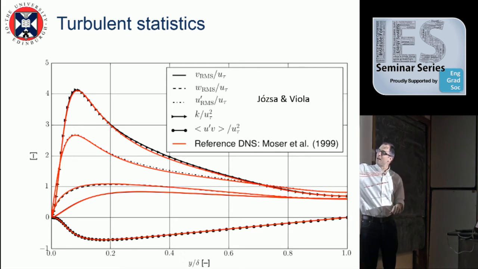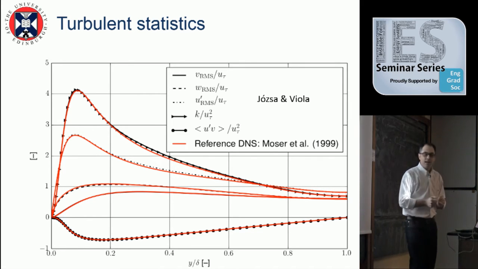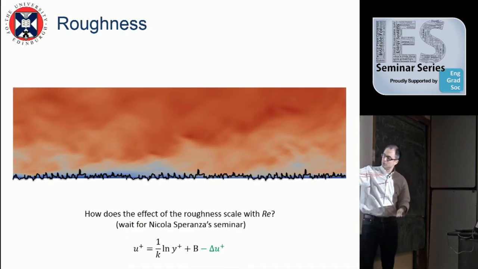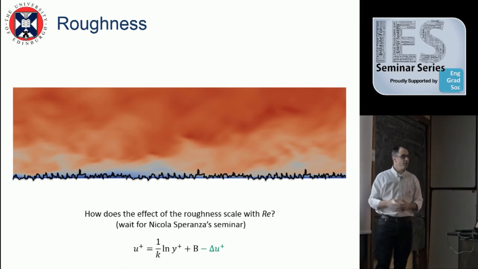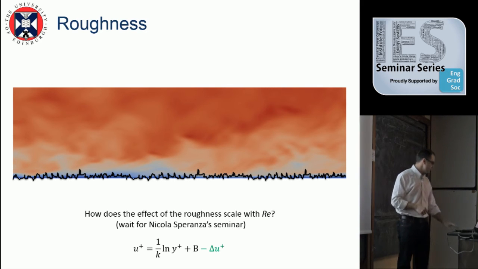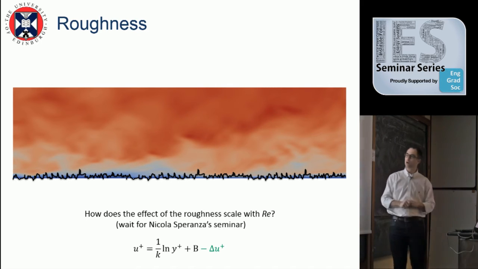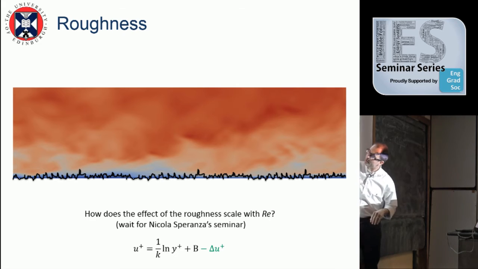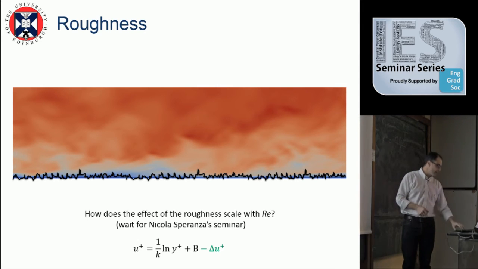If you take the time average of this cross product, these are the Reynolds stresses. These are very important, this curve here, because they generate friction on the surface of the boundary layer. So the friction here is due mostly to this cross product U prime V prime.